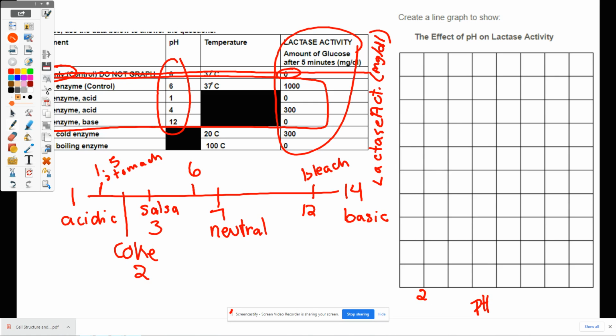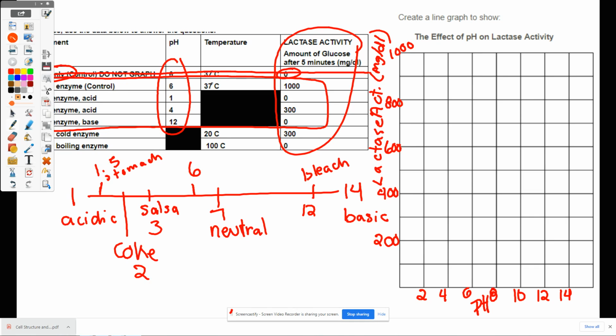I'm thinking if you count by 2s, you should be able to fit the scale all the way to 14. If you use a different scale, as long as it fits and uses most of the graph, you're fine. For lactase activity, we have to get from 0 to 1,000, so I'm going to mark every other line, counting by 200. If you use a different scale, perfectly fine, as long as it's even throughout. And then we're going to graph our data.